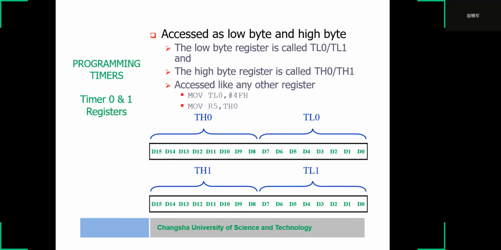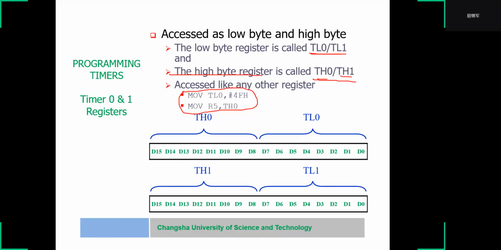The low byte registers are TL0 and TL1, and the high byte registers are TH0 and TH1: TH0 for timer 0, TH1 for timer 1, accessed like any other register, just like this assembly language code.